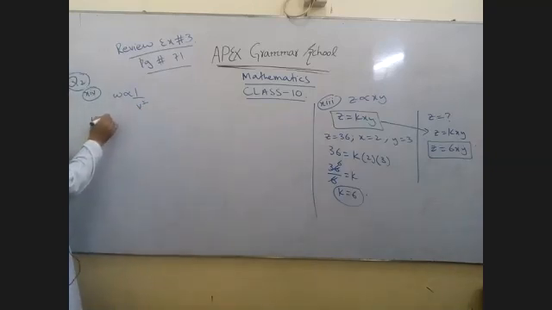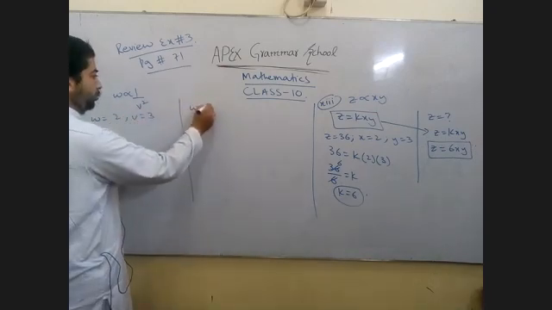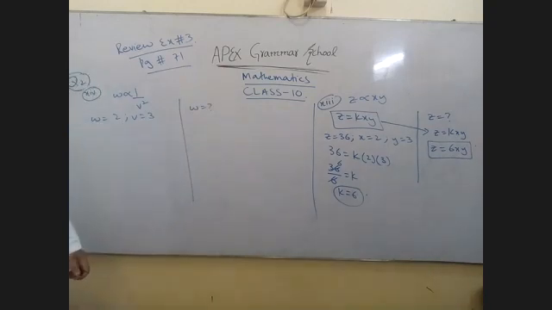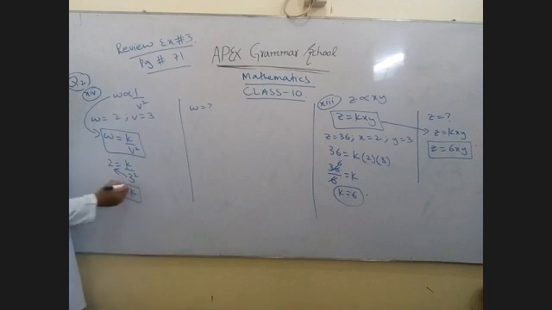We have the value of w. Now, this w is equal to k over v square. Put all the values in it. The value of v is 3. 3 square means 9. 9 2s are 18. This will be the value of k.